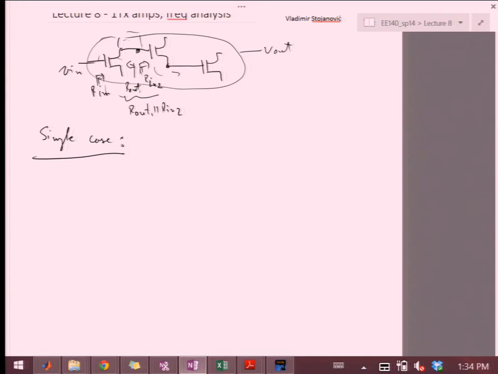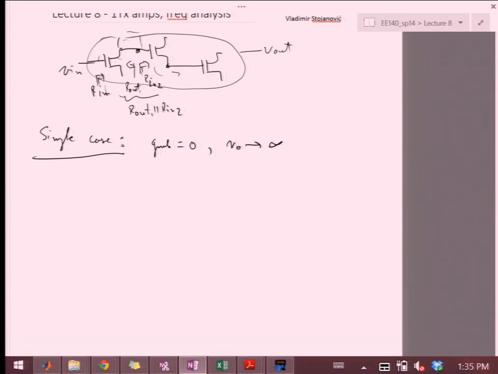So in the simple case, we can always assume that GMB is 0, so I don't have the body effect. I can also assume most of the time that my R naught is infinity, maybe except for the very end device where the voltage directly develops on that device. By assuming these, you clean up a lot of the mess of source bridging to the drain, et cetera. So you can very easily go through the whole circuit.